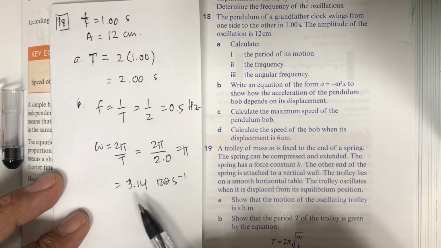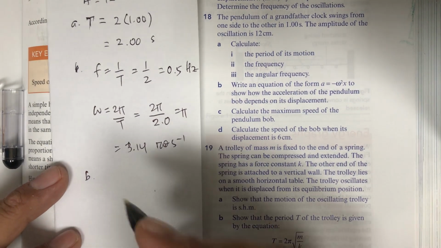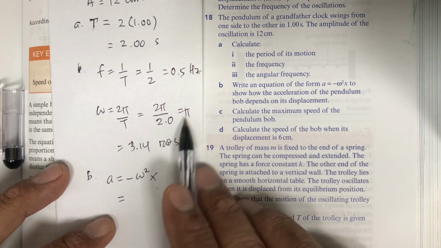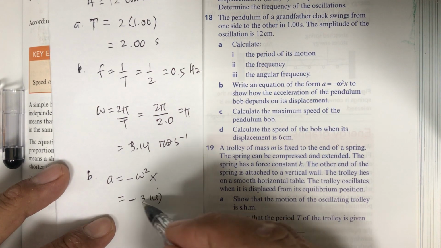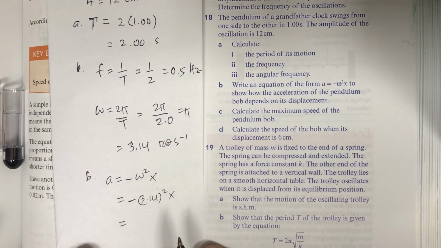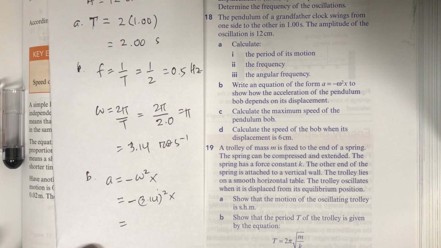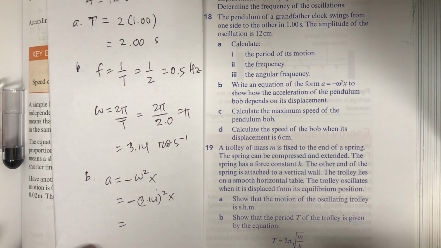Omega we have pi or 3.14, so pi square, 3.14 square, is about 9.8596, maybe 9.86.